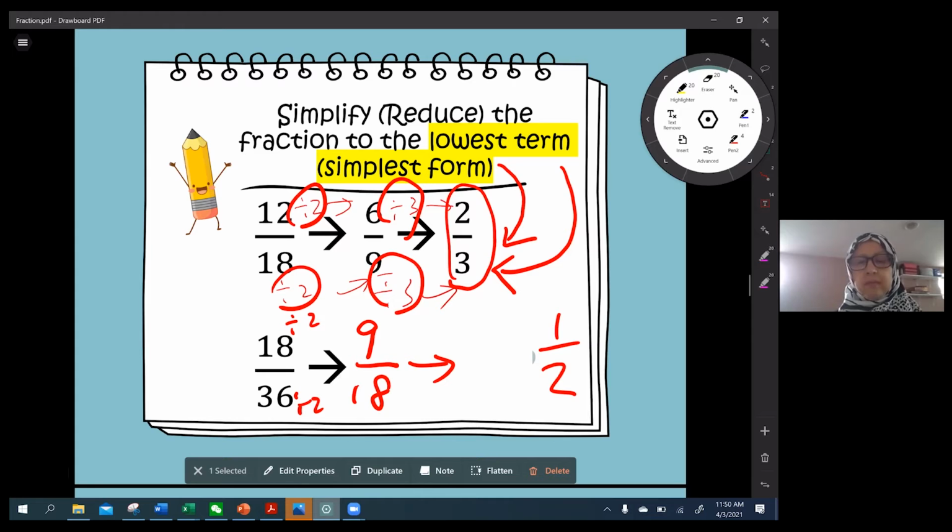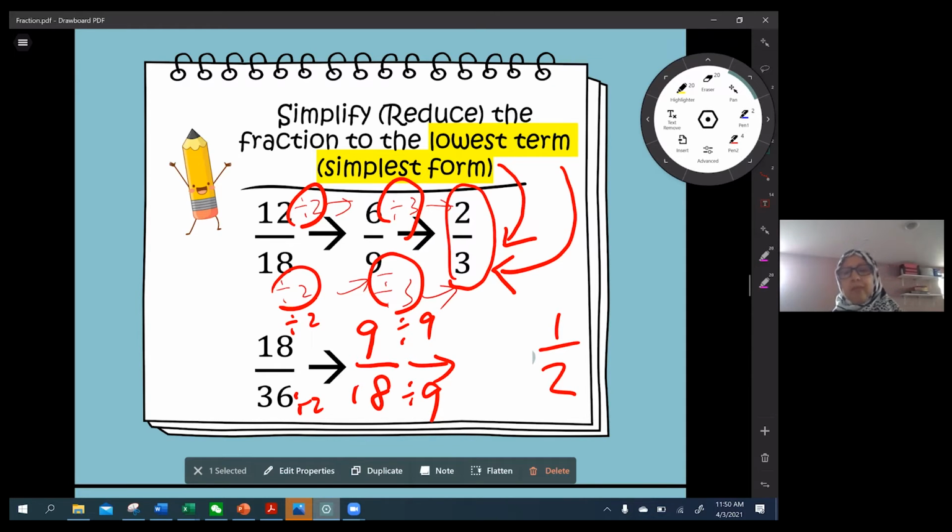If you know 18 is a multiple of 9, you can right away divide by 9. Anybody has a question on this part? So far, so good. Another step is just more precise, since you can make mistakes with the shortcut.